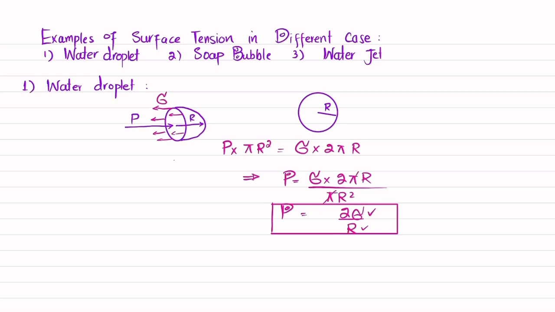Next we will discuss the soap bubble. Again, if you take the soap bubble, it will also be spherical in shape having radius r, clear, and having internal pressure P and outer pressure P naught.